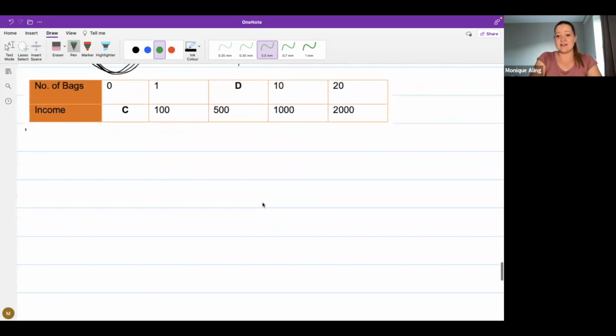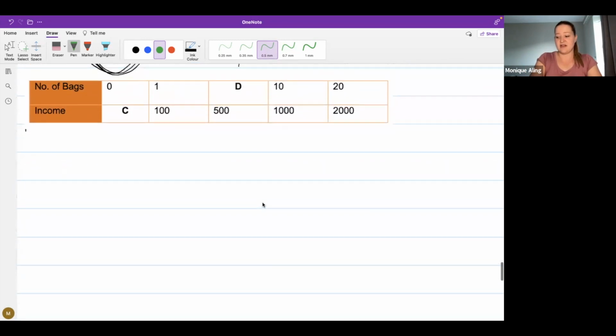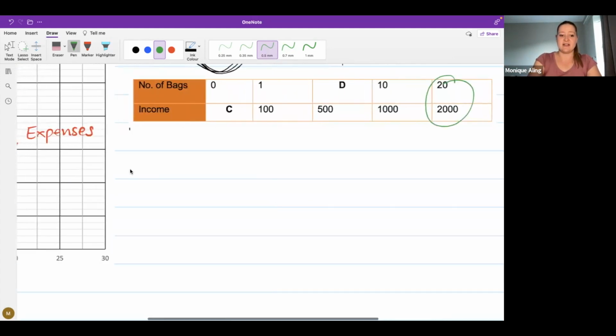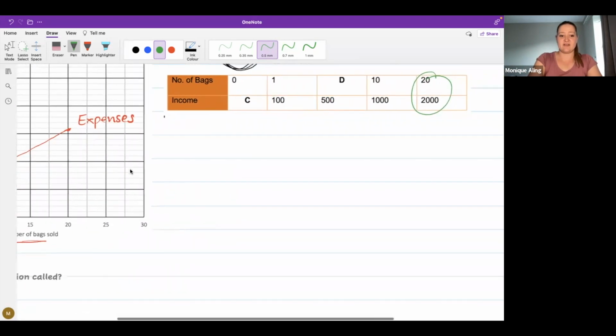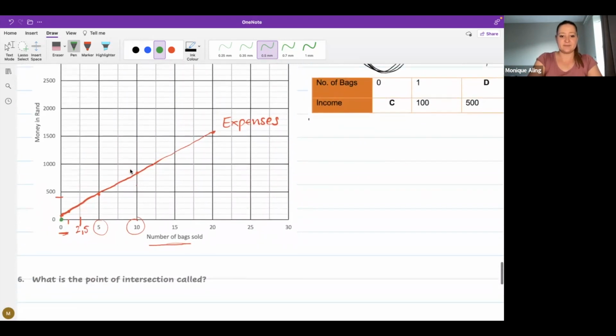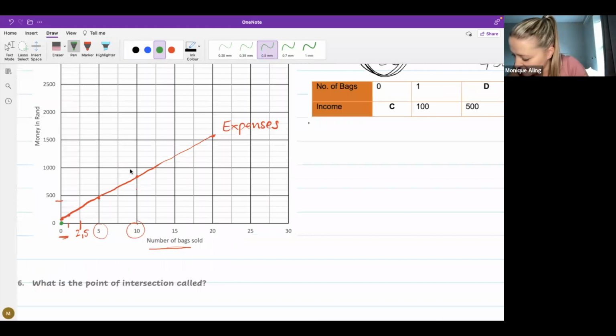It's 20 and 2,000, which is over here. Okay, and I've labeled my lines.